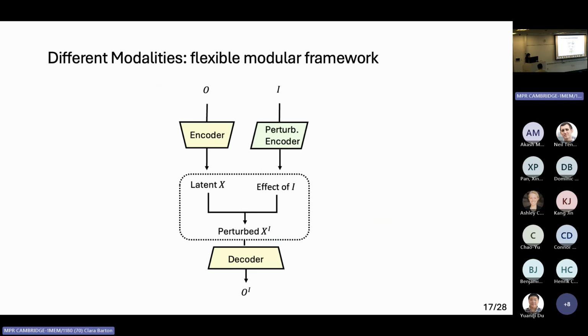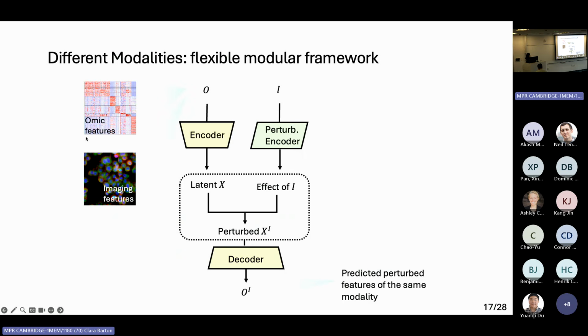And I just want to show another example of having this modular architecture. Not only can you use various different prior embeddings here, you could also swap the input to the encoder and the output to the decoder with various different modalities. The ones I've shown you before use these omic features, which is pretty simple.